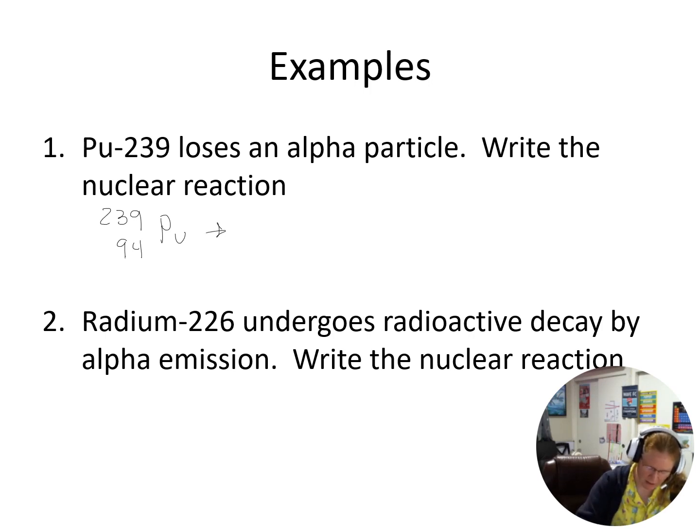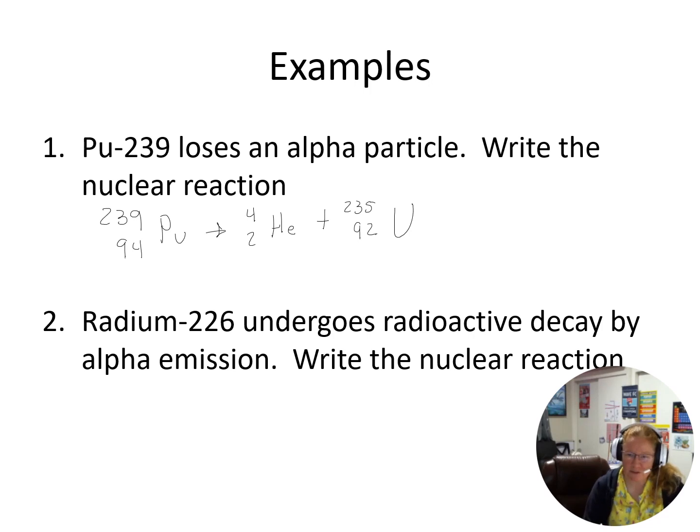All right, we're going to emit off an alpha particle. And so 239 minus 4 gives me 235. 94 minus 2 gives me 92. And when I look on the periodic table, what's element 92? It's uranium. And so there's my completed reaction.